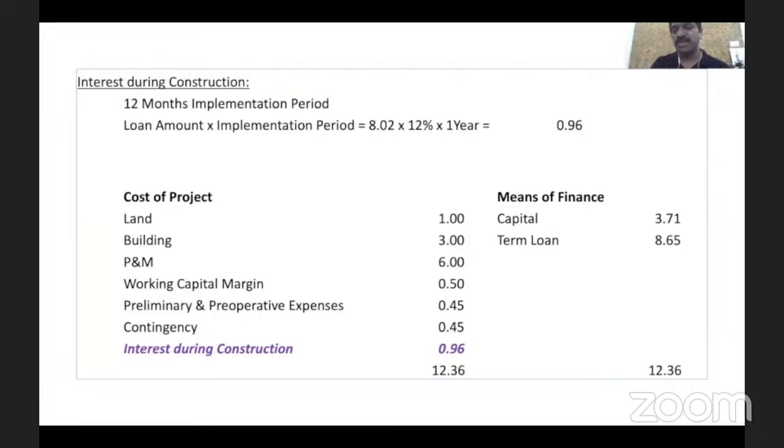This is a project which demands an investment of 12.36, and at 30-70 proportion, the term loan required is 8.65 crore. So if this is the reality, and as a banker, you say our sanctioning authority's comfort level is only 5 crore, we will give 5 crore, you manage the balance, let's say 7.36 crore, if you are going to structure a term loan in this fashion, then that's the beginning of the end.